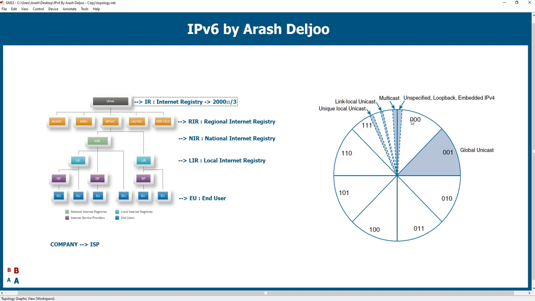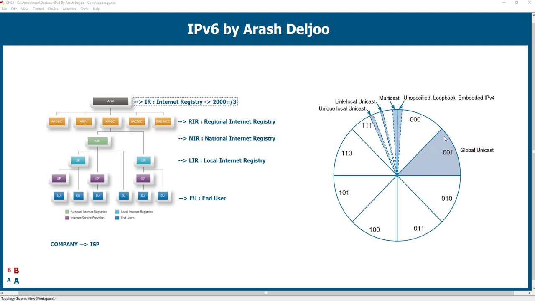Now look at here: 000, 001, 010, 011, 100, 101, 110, 111, all of the formats that we can create with 3 bits. Only 001, for the first 3 bits, is released until now. This means only 1/8 of all IPv6 addresses is released, and it is sufficient for many years.